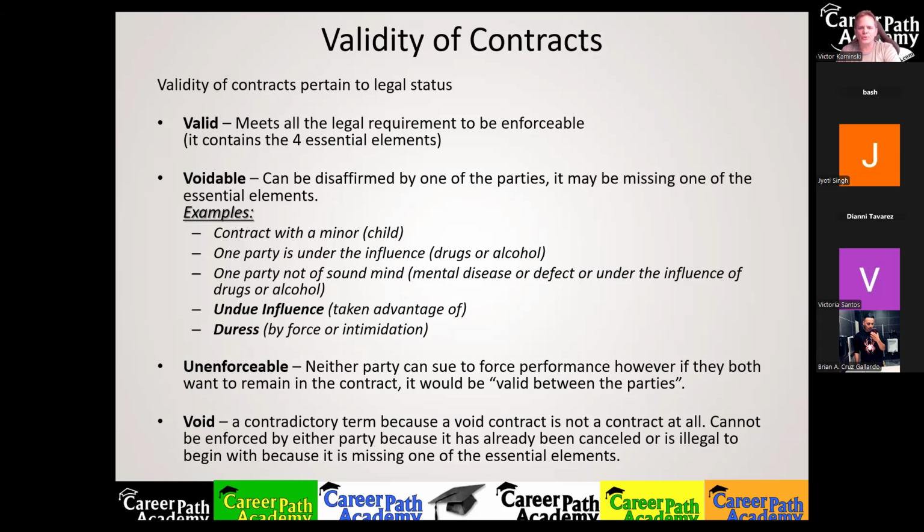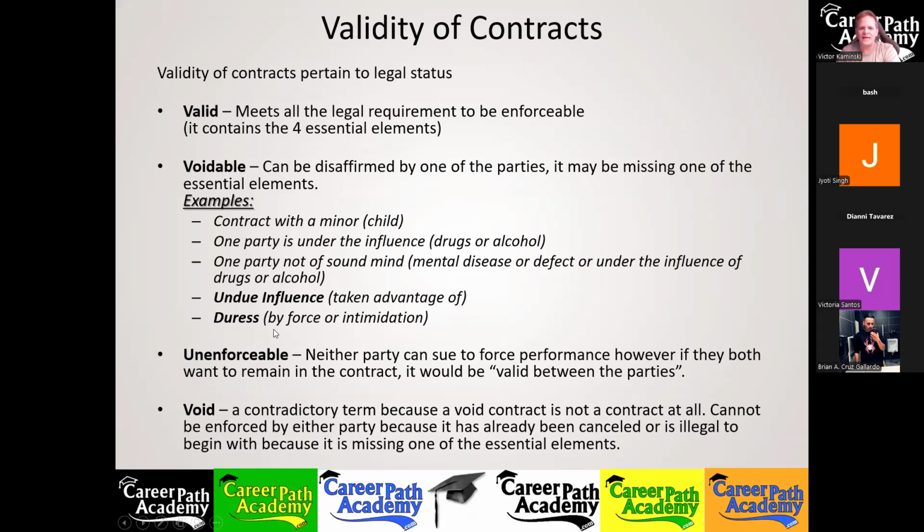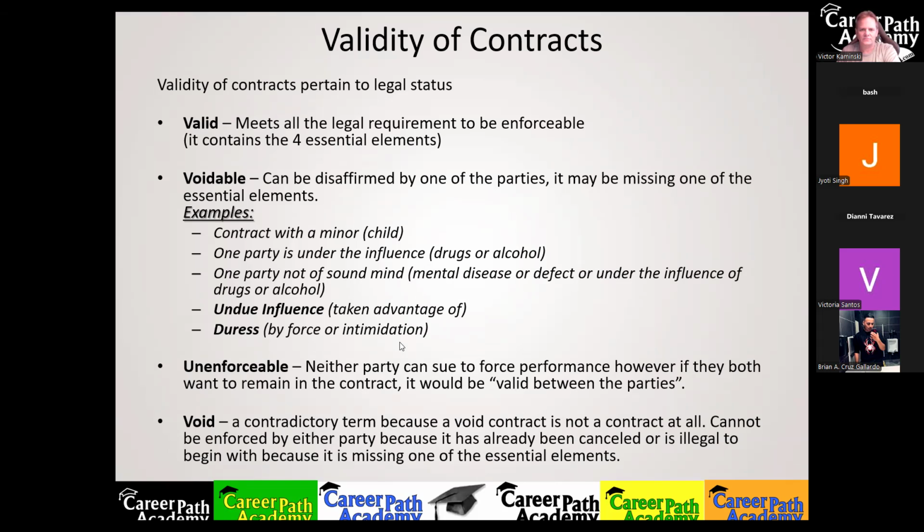And undue influence means they're being taken advantage of, or duress means they're being forced, using force or intimidation. Those contracts can be voided.